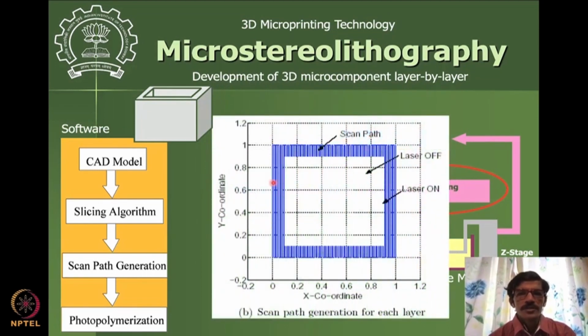Each of the slices will be scanned by these lines, and the idea is to run the laser along this line, so that the photopolymer resin will get cured only at the part where the laser is scanned, and the laser needs to be switched on and off at these data points. This is how the requirement for 3D printing in an SLA kind of way is, similar to other technologies that also exist for 3D printing.